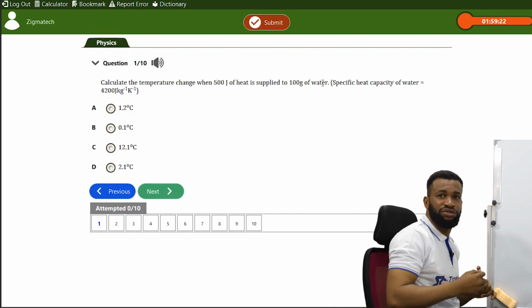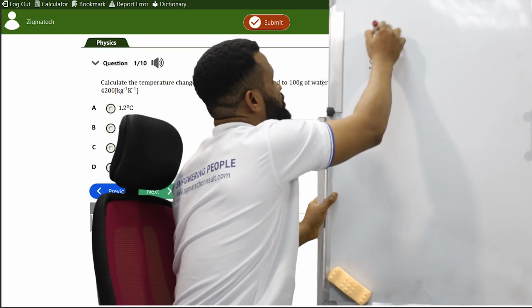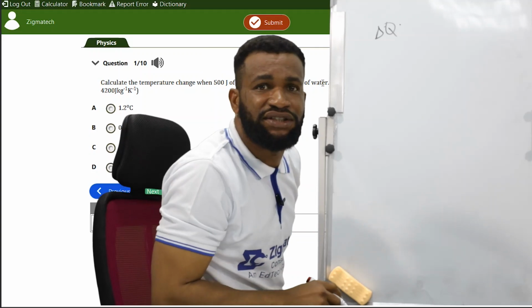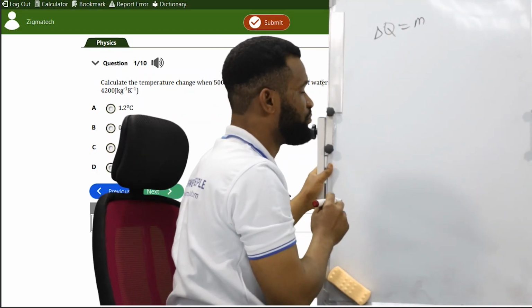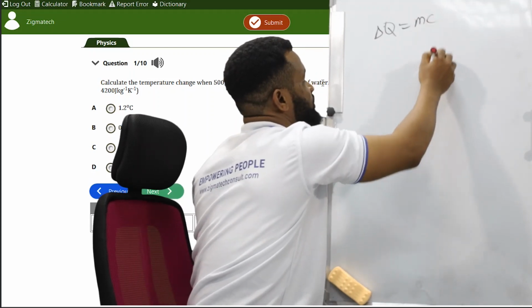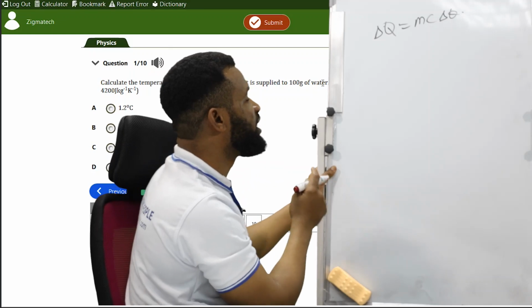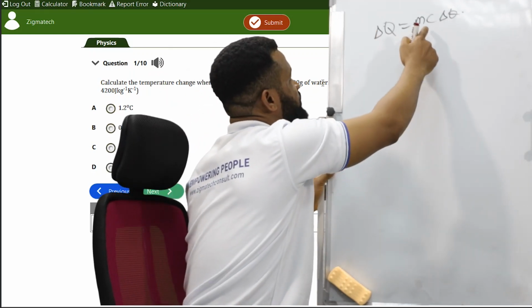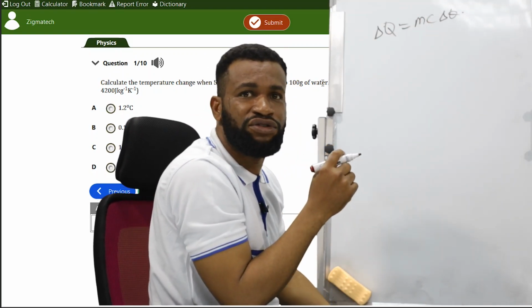Then we are going to look at change in quantity of heat. The change in quantity of heat in this case is going to be equal to mass of the body, specific heat capacity of the body, and change in temperature. Now in this case, we are given specific heat capacity of the body, and that is 4,200.